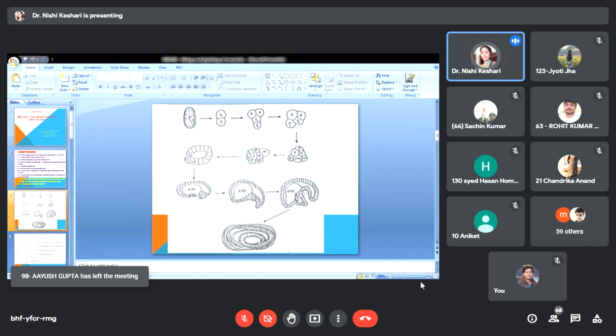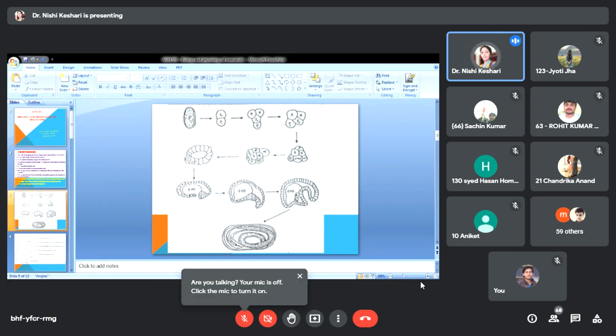Now you can see here, this is cell division. Actually, what happens in nematodes is that each cell, from the very beginning, is fixed in terms of what it will form in the final adult stage. The cell number is fixed, so this development is called determinate.